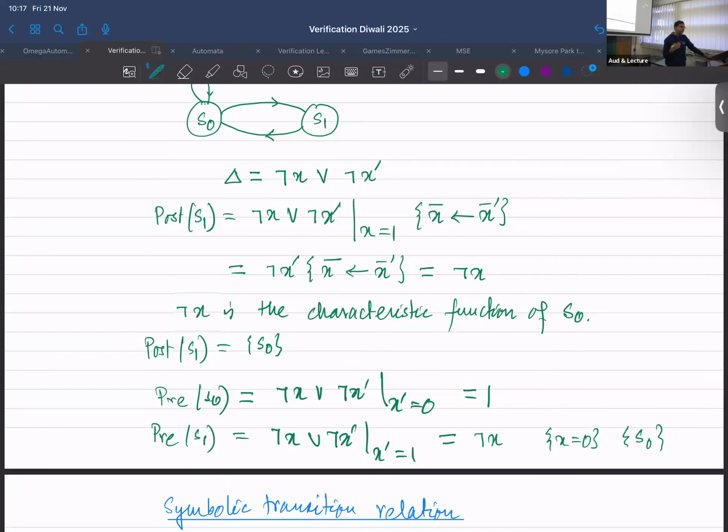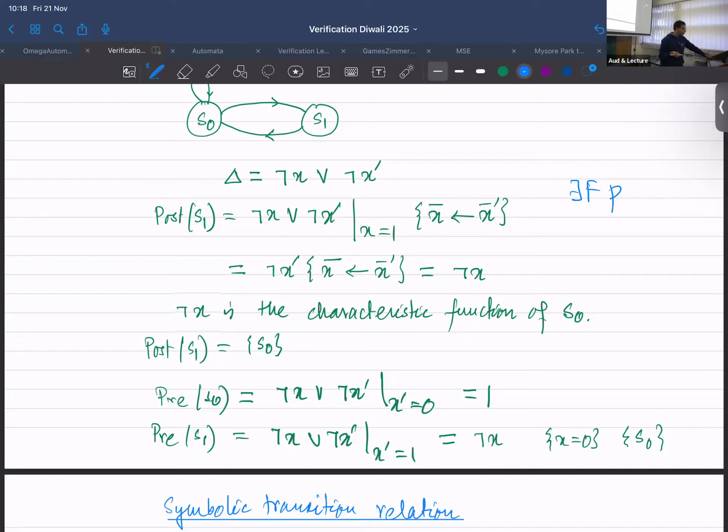In fact, we'll see that the pre sometimes becomes quite useful when we are doing the CTL model checking, like the symbolic CTL model checking. The pre becomes useful because, if you recall, all these sets we were computing in CTL, right? For example, you can say that there exists a path eventually P, something like this.